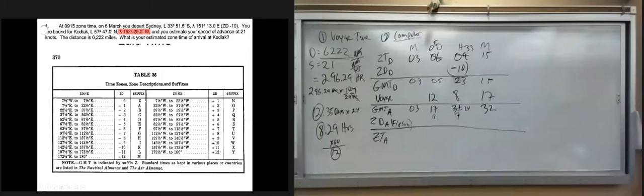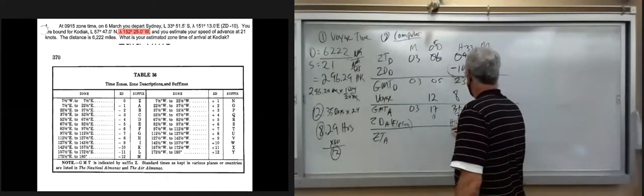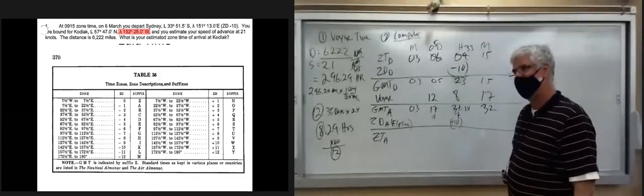What's my time zone? 152 west based on this table. Plus 10. So where's that plus 10 going to go? Am I going to add that 10?